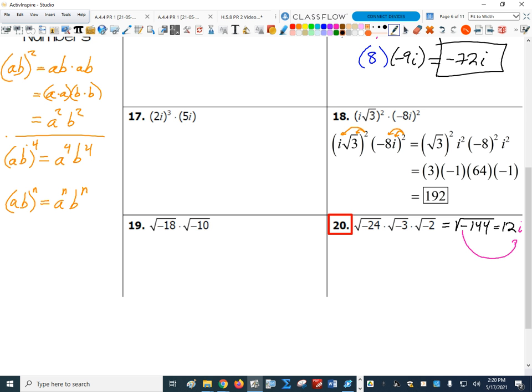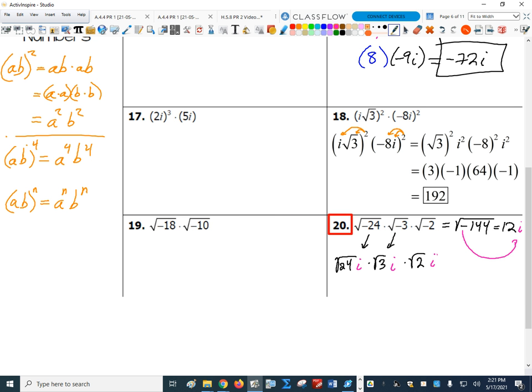Okay, so I could turn this one into the square root of positive 24 times i, times the square root of negative 3, which is the square root of positive 3 times i, right? Times the square root of negative 2, which is the square root of positive 2 times i.